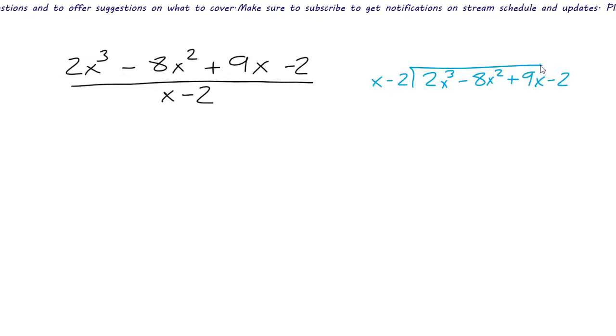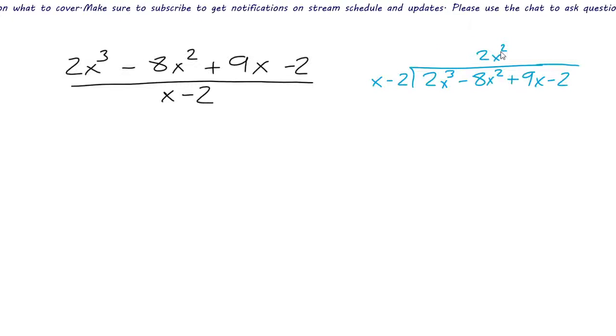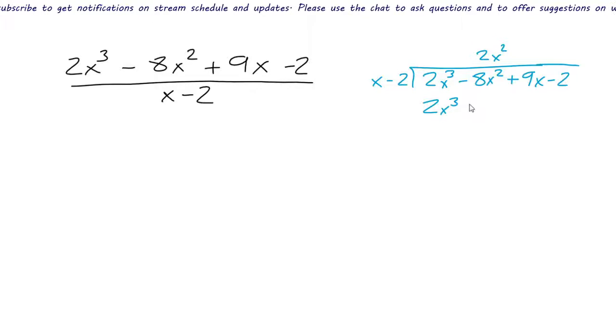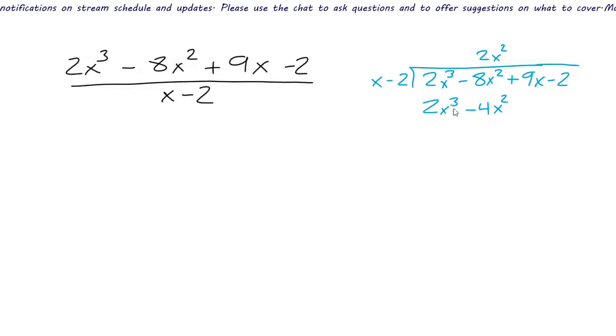Should be problem number 6. So then what can we multiply x by to get to 2x cubed? You can multiply by 2x squared. 2x squared times x is going to be 2x cubed. 2x squared times negative 2 is going to be negative 4x squared.